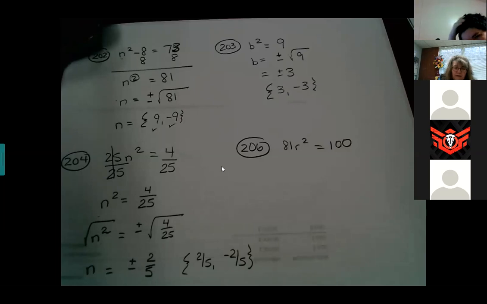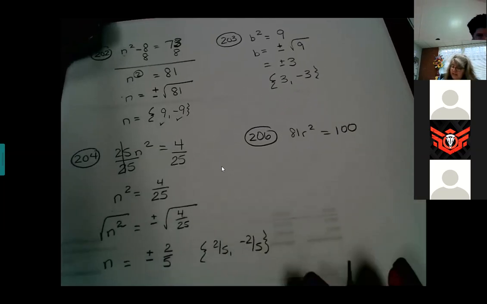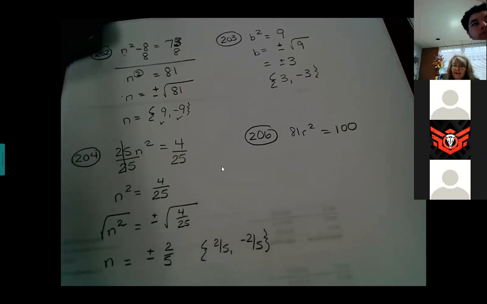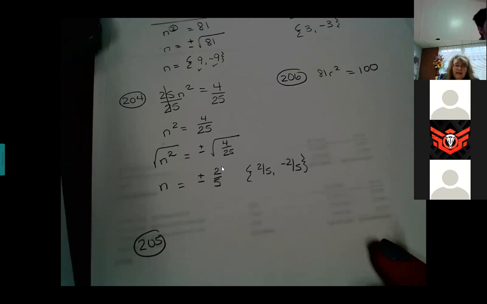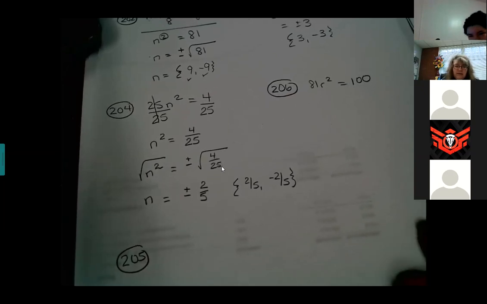We'll give Logan a few more seconds. And then after I check Logan's, the one we're going to do next is 205. So if y'all want to start on 205, that's the one we're going to do next after we get Logan's worked out here on 206.